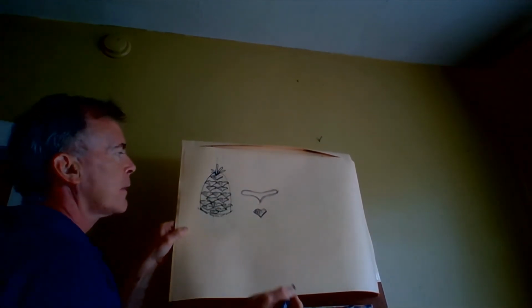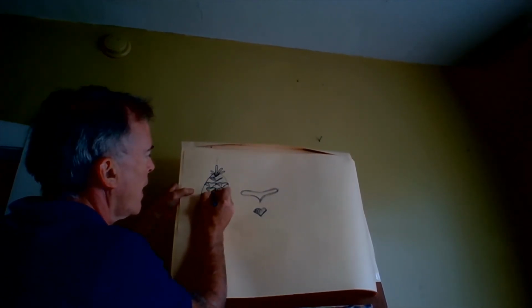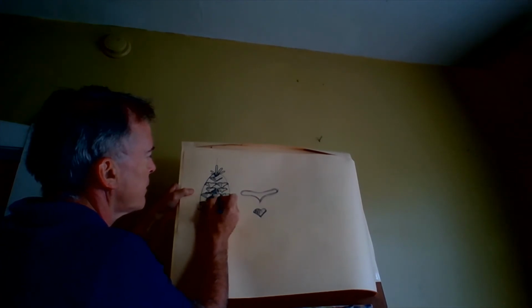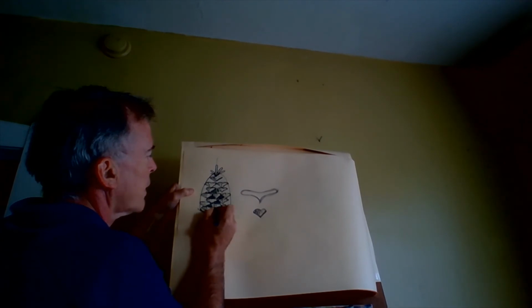And the other thing we can do, let's go back to that curly little. You can go in here a little bit. We go inside here, kind of darken it up a little bit.